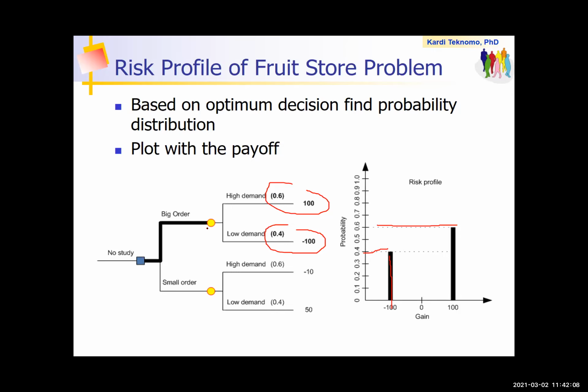Similarly, you can also draw the risk profile for small order, with 0.6. The gain is negative 10 and for low demand the payoff is 50. On the horizontal axis, you get the payoff, in this case the gain, and on the vertical axis is the probability. Now my question to you, can you draw the risk profile of a certain decision?